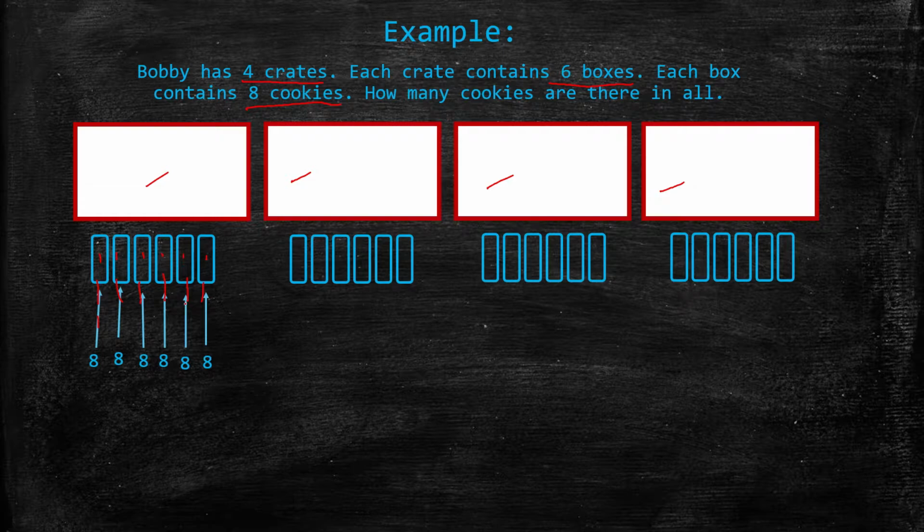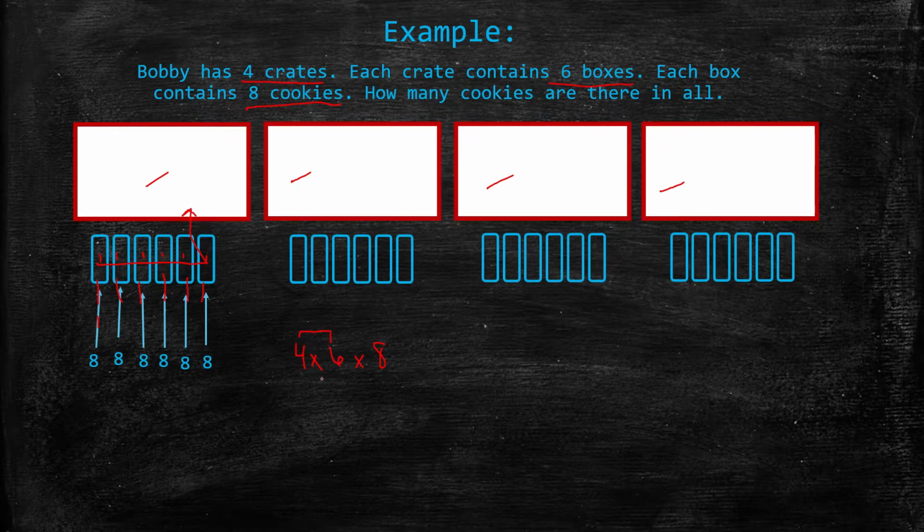Now there's multiple ways to solve this, and I'll try to give you a couple here. The first thing is you can multiply all the crates times all the boxes times the cookies. So what we can do here is go 4 times 6 times 8, because there's 6 boxes in each crate.